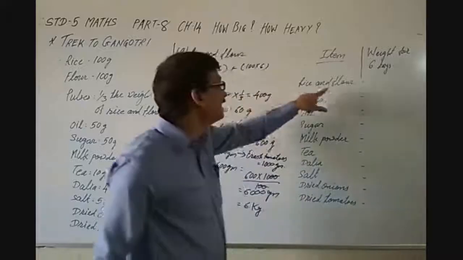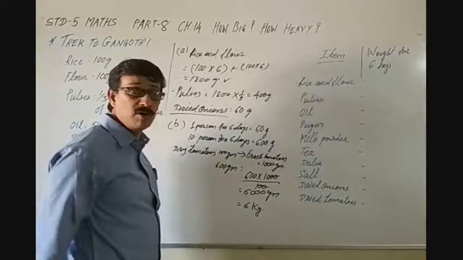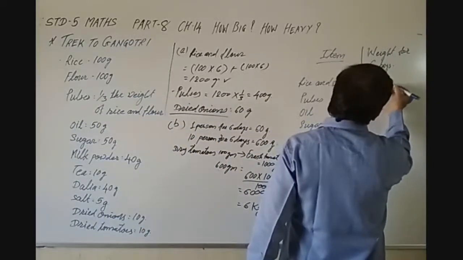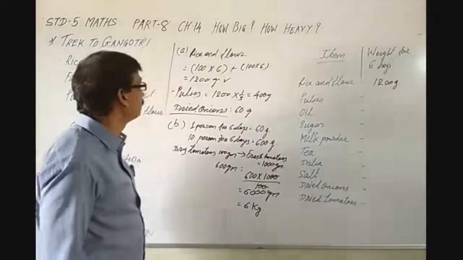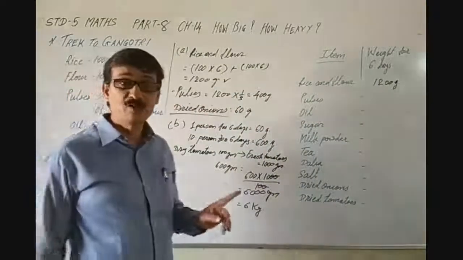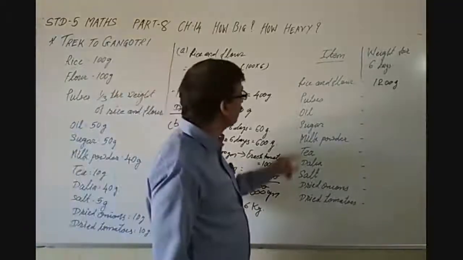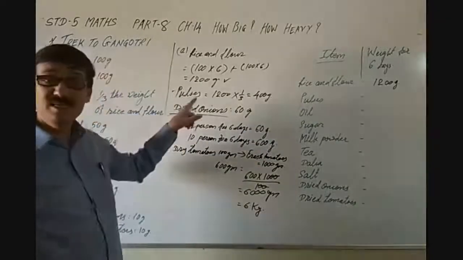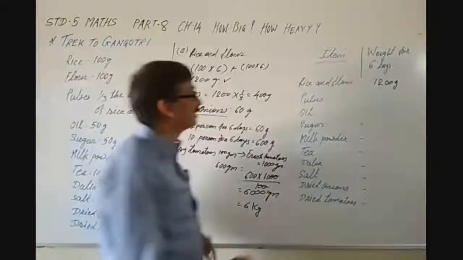Now rice and flour, we find out that rice and flour is required 1200 gram, isn't it? Rice and flour 1200 gram. Then after, the pulses is 1/3 the weight of rice and flour, that is what we find out, 400 gram.